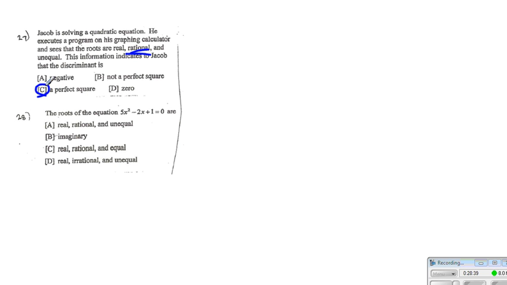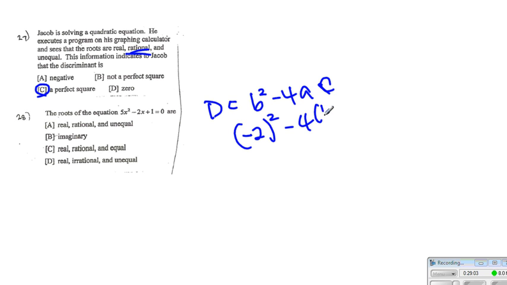Now number 8, the roots of, so here we have to look at the discriminant first. What's the discriminant? It is equal to b squared minus 4ac. Now b here becomes negative 2, so we're going to have negative 2 squared. A now becomes 5, so negative 4 times 5.